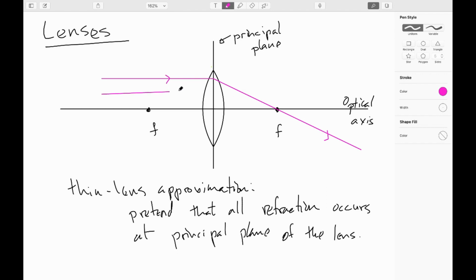And if our lens is well designed, any other ray that's parallel to this ray will also bend through the focal point and so forth. Let's do a few rays down here just to get the idea.